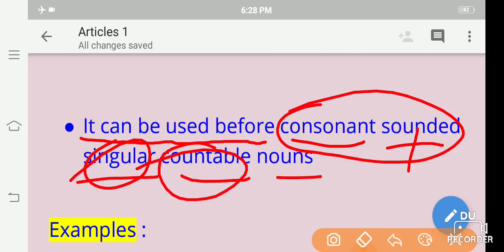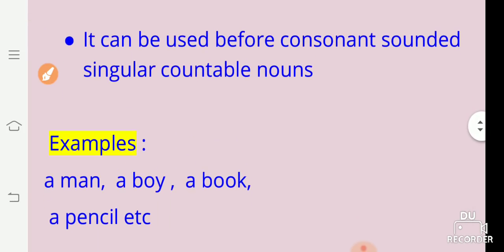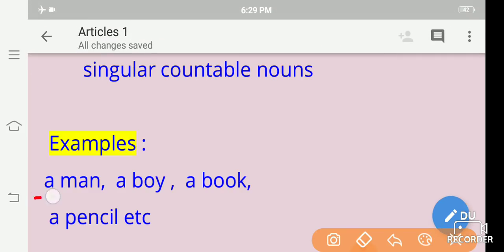Then we must use article a, friends. Let us see the examples for usage of article a. It's very easy, as we all know: a man, a boy, a book, a pencil, etc. There are many examples we can give for this general rule.